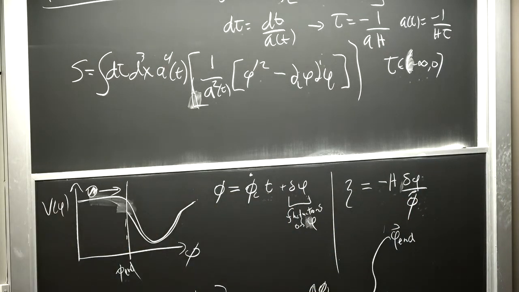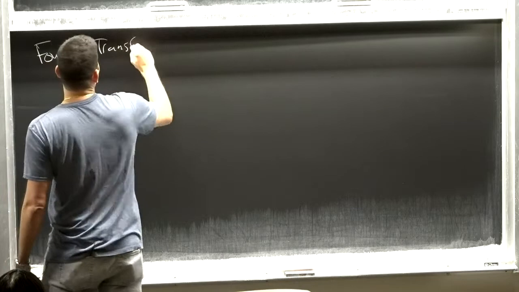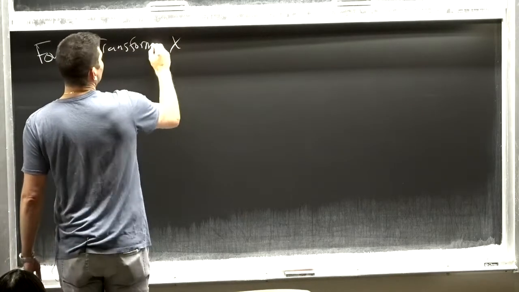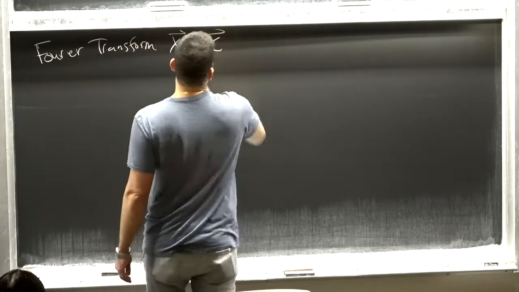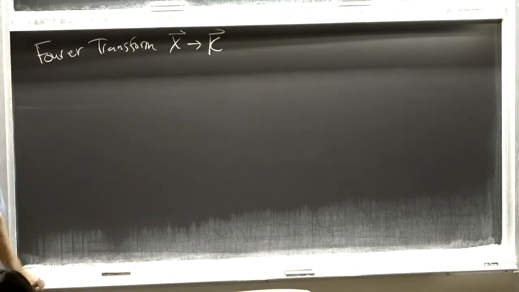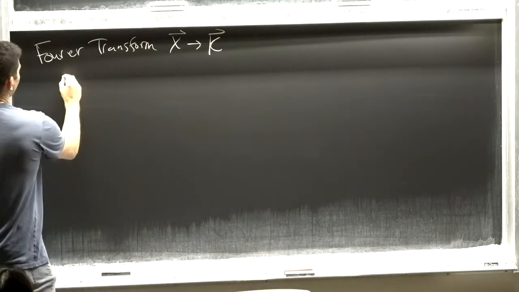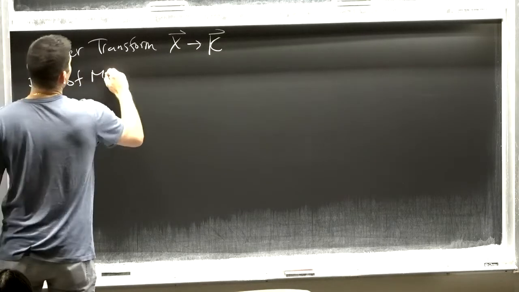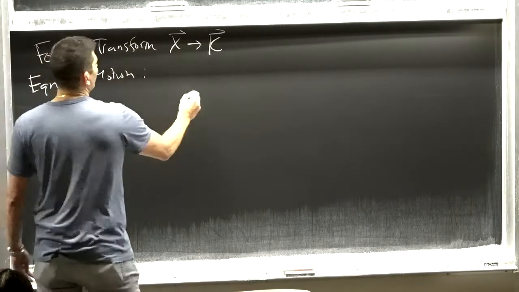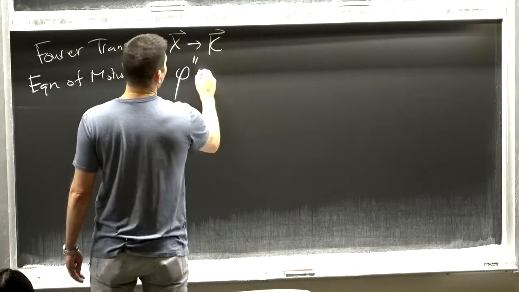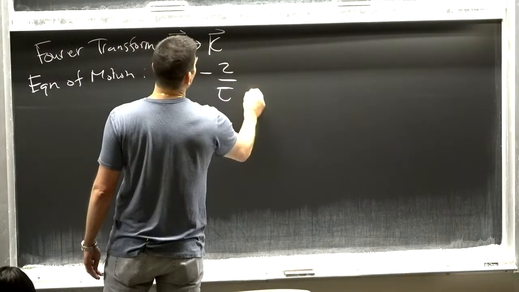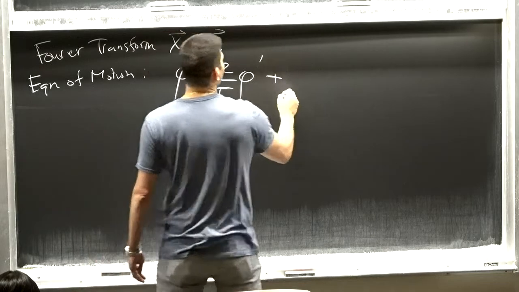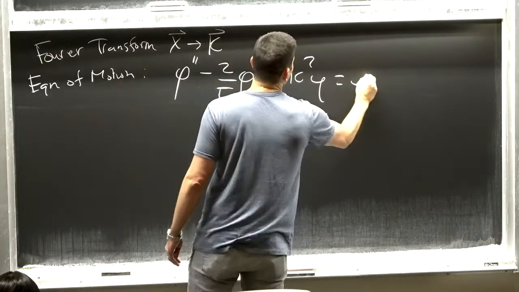And so I'm going to Fourier transform the spatial coordinates into k's, and that will give me equations of motion that are φ double prime minus 2 over τ φ prime plus k squared φ equals 0.